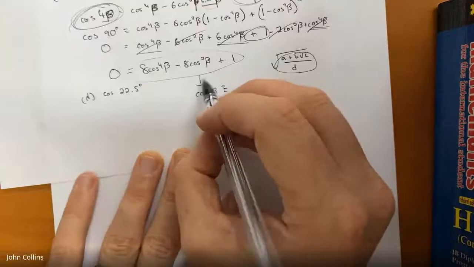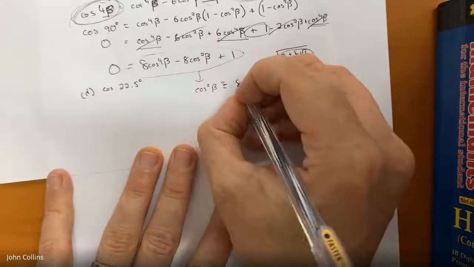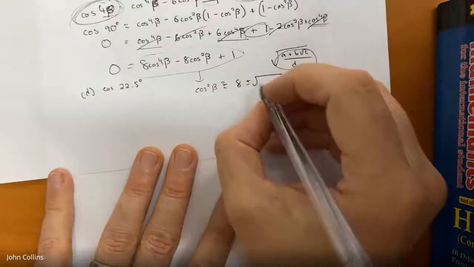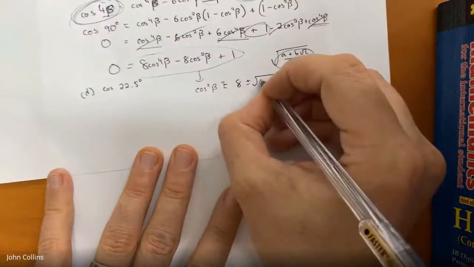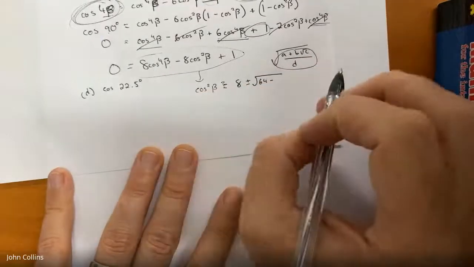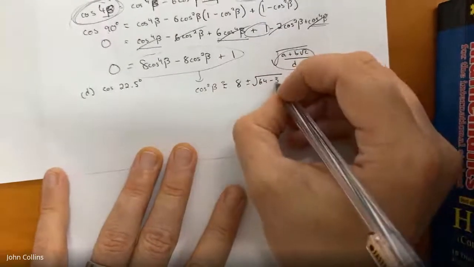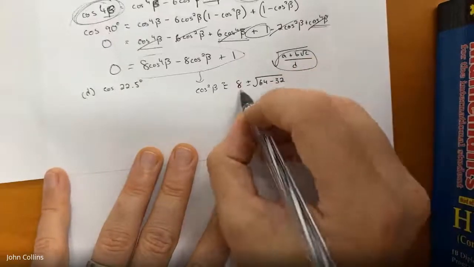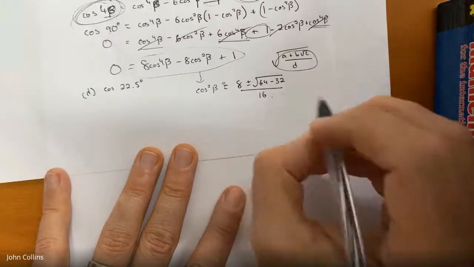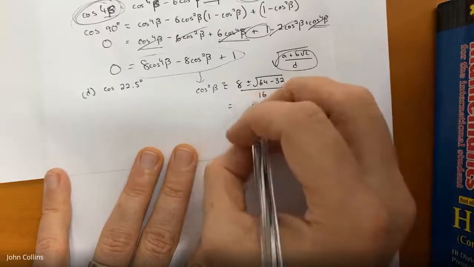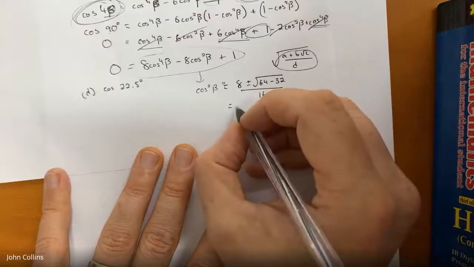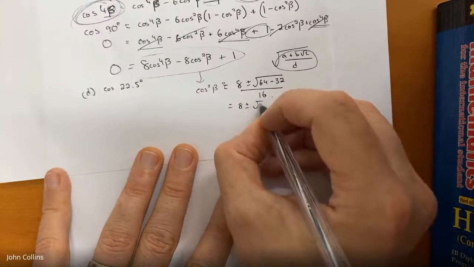So minus b from this would be 8 plus or minus the square root of, well, it's going to be 8 squared, 64, minus 4 a's, so 4 times, so that's 32 times 1, okay, all over 2 times 8, so 16, okay? So simplify that down a bit. 8 plus or minus, that's going to be root 32, isn't it? So root 32 over 16.